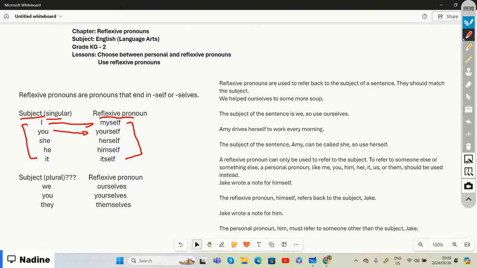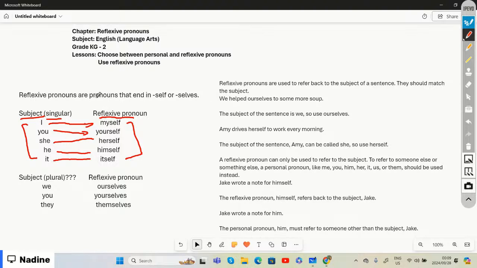It is something that refers back to the reflexive pronoun or back to the subject. She took the bus by herself. He cooked the dinner by himself and it did something by itself, which means that these words need to refer back to the subject. Myself needs to refer back to I. Yourself needs to refer back to you, herself back to she, himself to he, and itself to it.